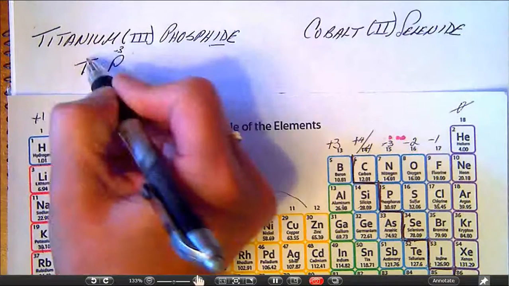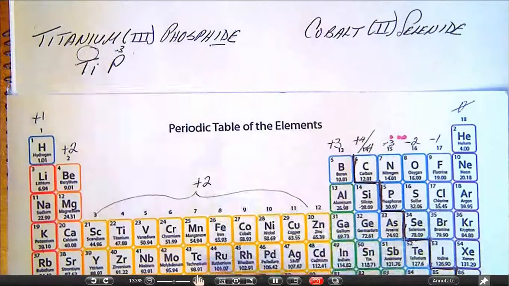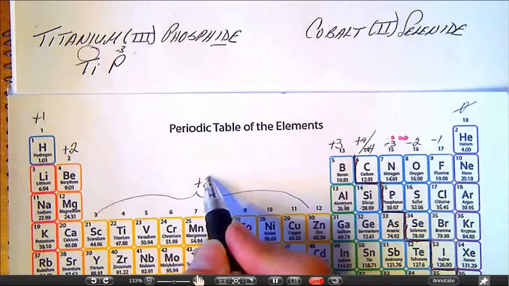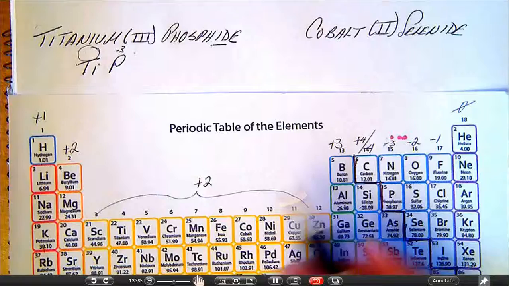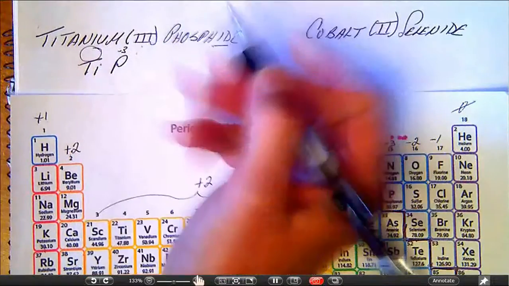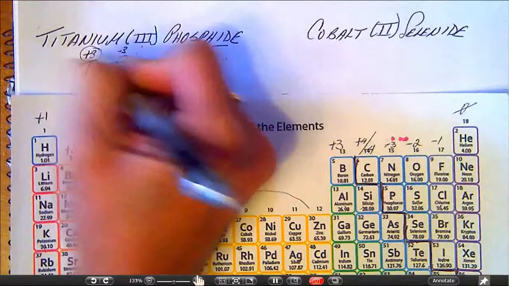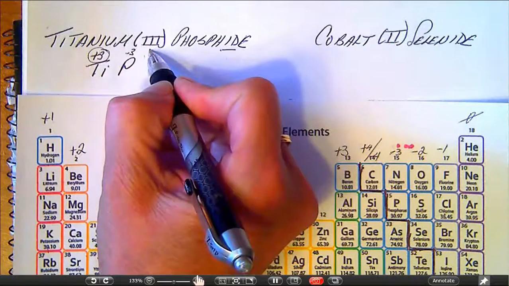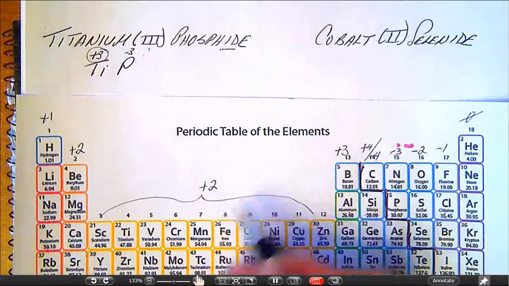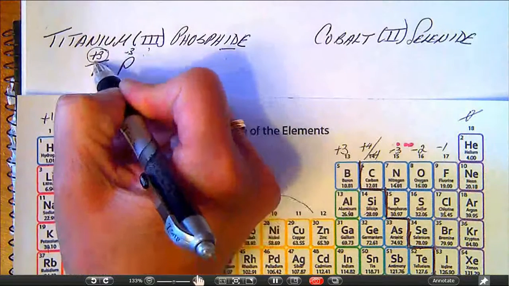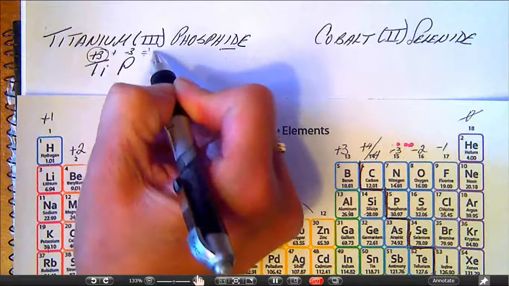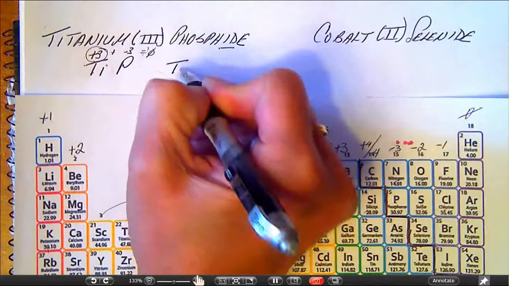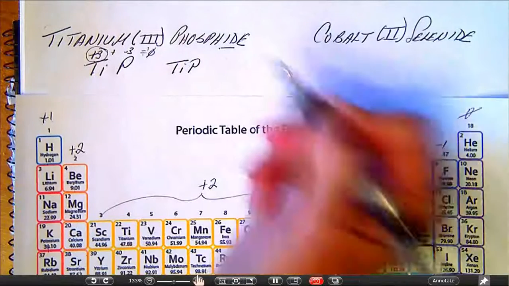Notice I haven't put anything here yet. If you look, titanium is in the +2 section. That's the default. But I said I want you to use +3. This means use this particular oxidation number, not the default. Well, lucky for us, +3 and -3, when you add them together, you get 0, so your final compound looks just like that, TiP.